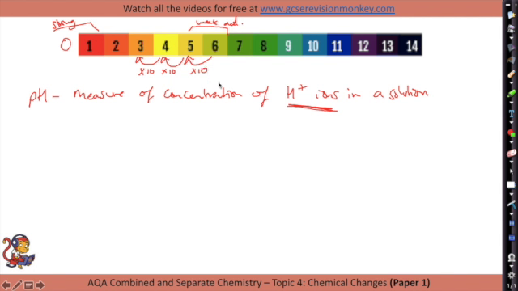They might give you a certain number of hydrogen ions that are in a pH 6 solution and perhaps ask you how many would be in a pH 2 solution. You have to keep multiplying by 10 until you get to the right pH. So they increase by a factor of 10 as the pH decreases.